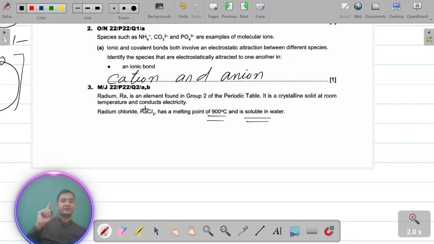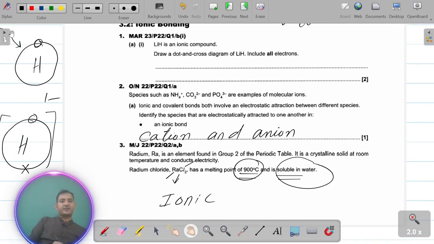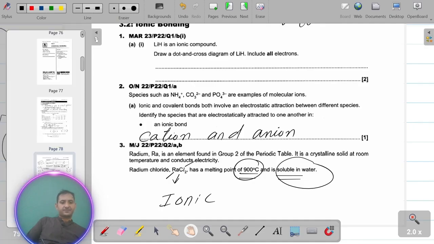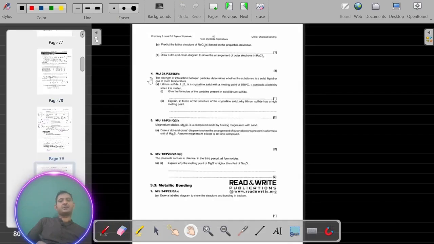So now we have three clues: soluble in water is an ionic property, high melting point is an ionic property, and one is a metal while the other is a non-metal. So it means RaCl2 is an ionic compound. It is actually ionic in nature. What is the question? We will find it on the next page.